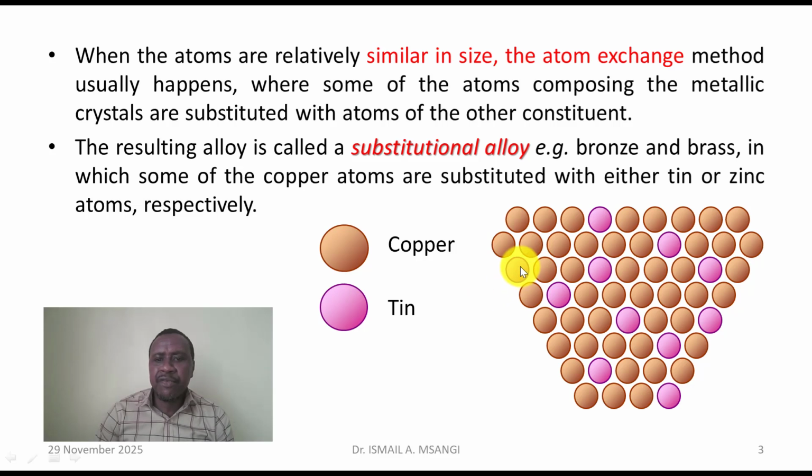So it is possible for tin to replace copper without much effect on the structure of the resulting material. So the formed material will be referred to as a substitution alloy.